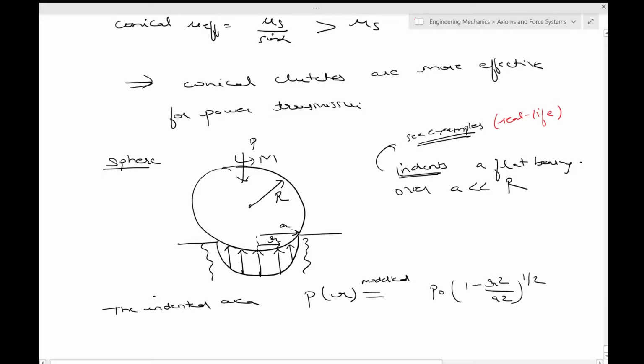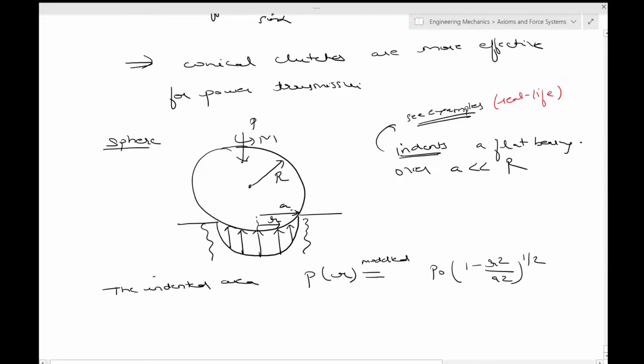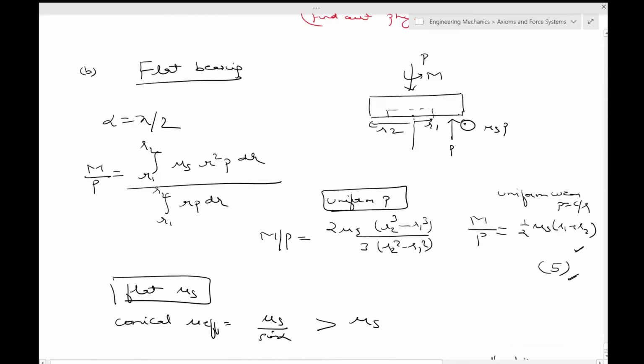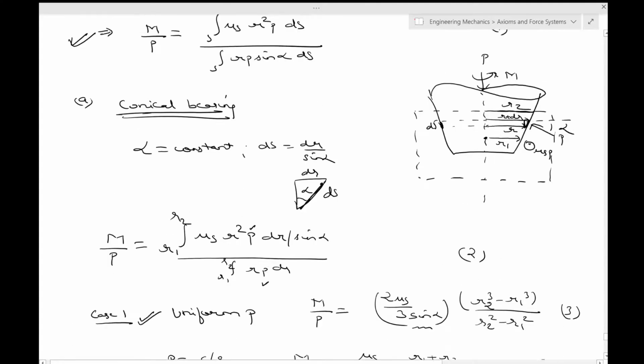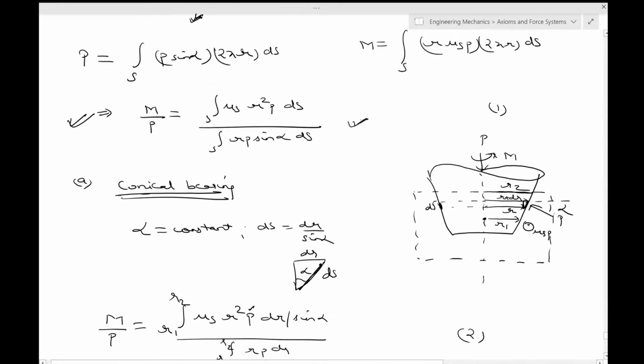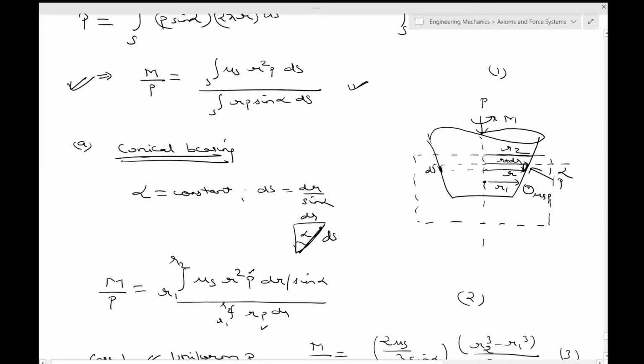Okay, so what you have to do is again substitute this P into this expression. Okay, and then you should get M by P.